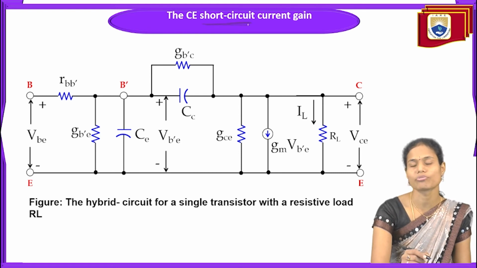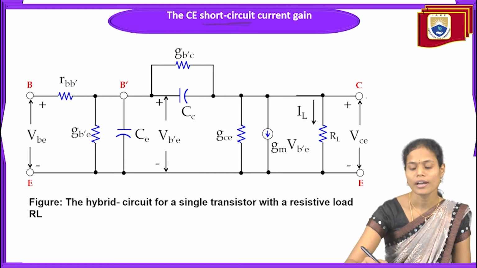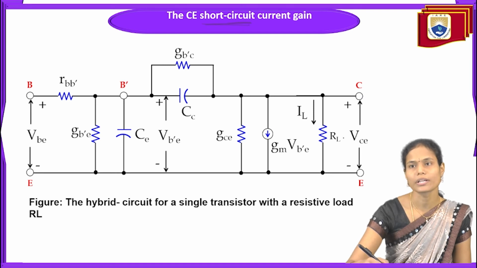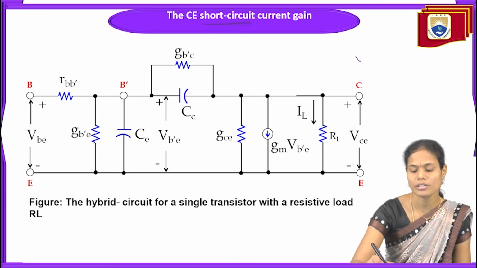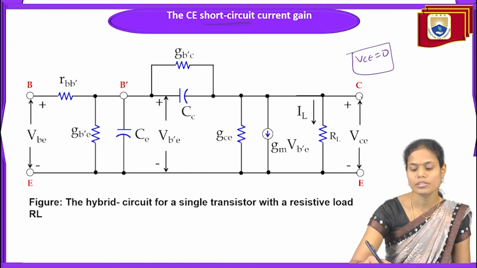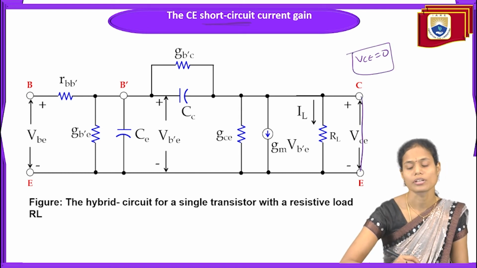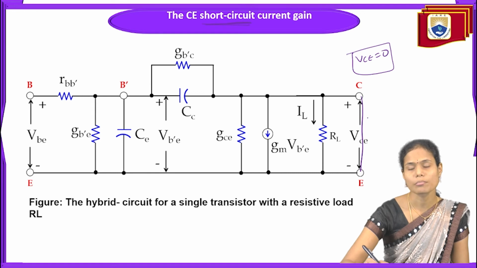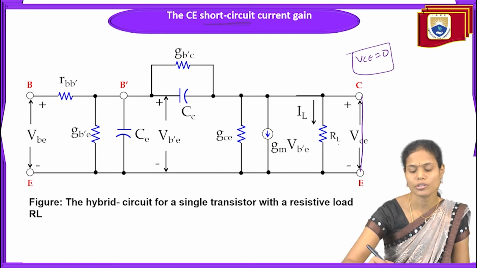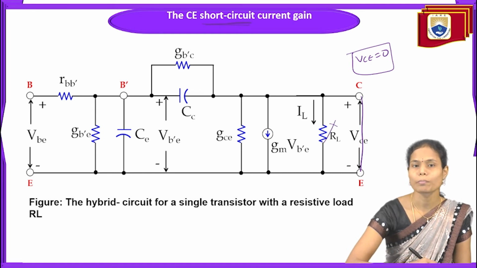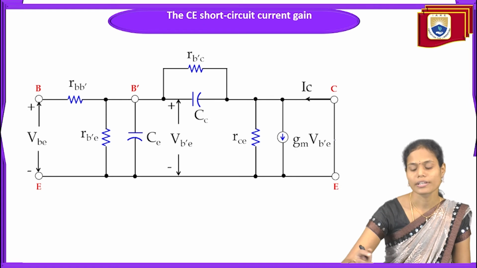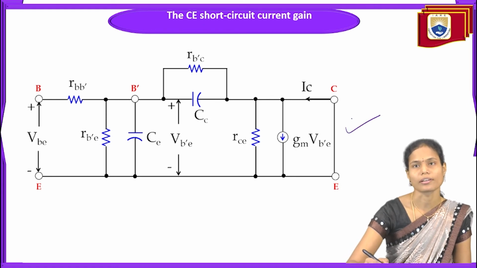To find the short circuit current gain, I need to short the output terminals. That is VCE should be 0. Once VCE is 0, these terminals are short circuited, so there is no presence of load resistor RL in the circuit. After removing this, we will get the equivalent circuit like this.